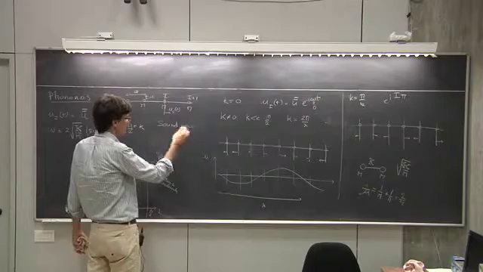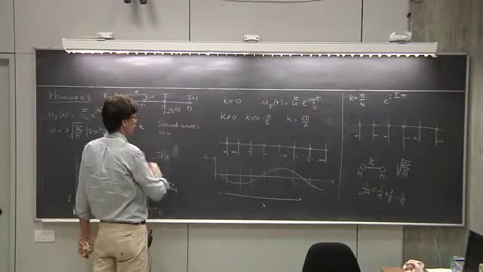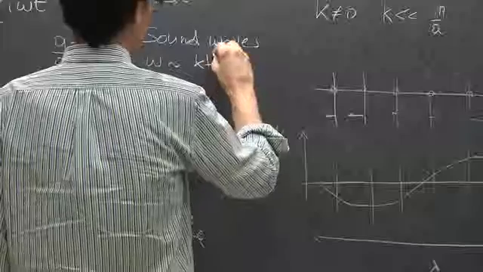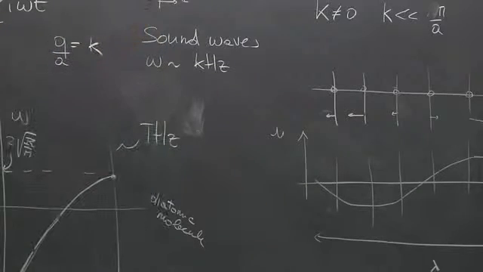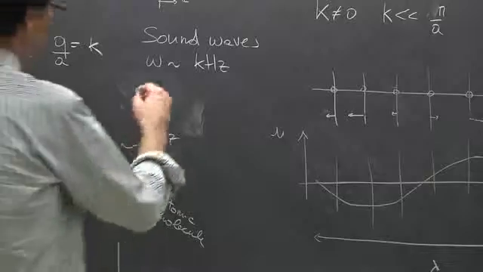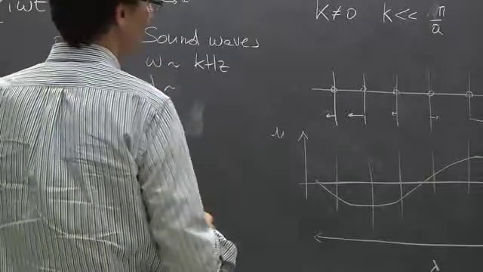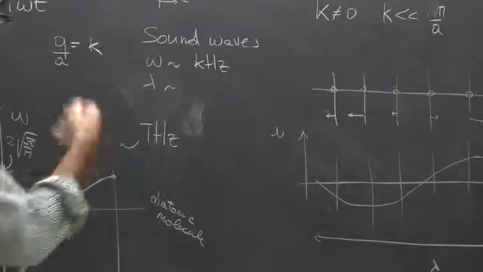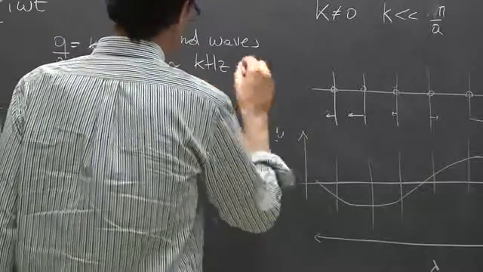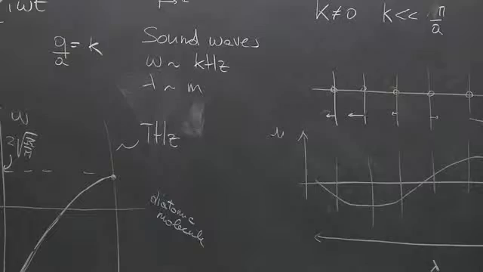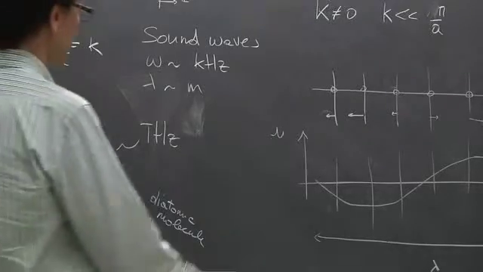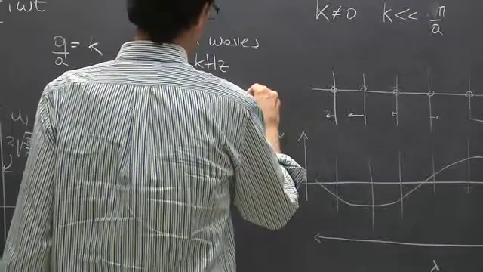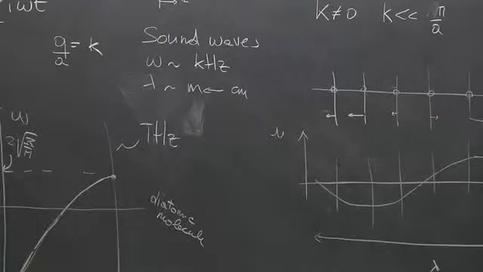By definition, a sound wave is something where omega is of the order of kilohertz. Let me forget about 2 pi, it's orders of magnitude. And therefore lambda is 8 orders of magnitude larger than an angstrom. So we are in the meters range, right? Actually, well, centimeters. These are sound waves.